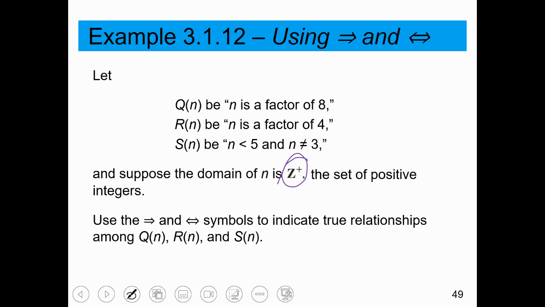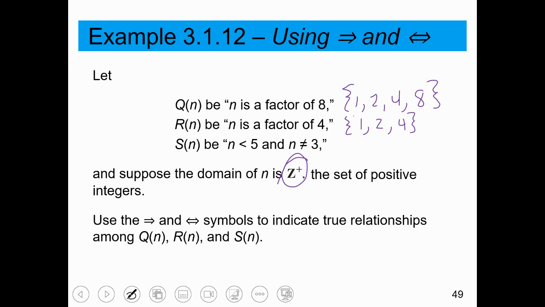So again, think about the truth sets of Q of n, R of n, and S of n. For Q of n, we've already talked about the truth set is 1, 2, 4, and 8. For R of n, if n is a factor of 4, that's going to be 1, 2, and 4.